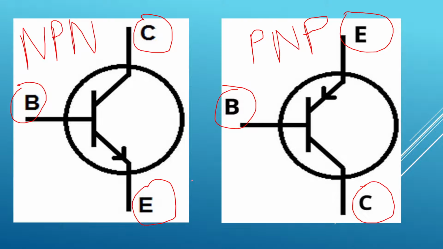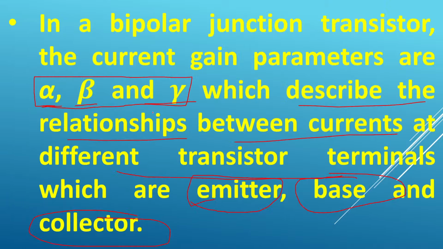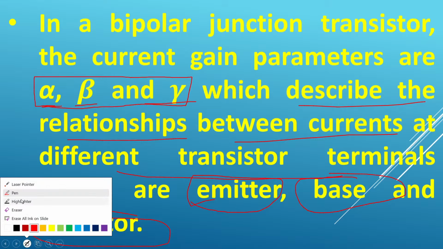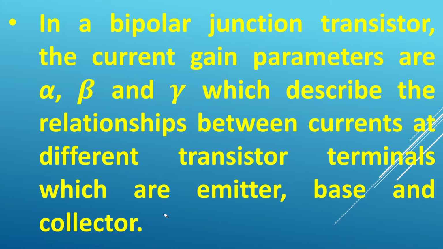If we want to determine the current gain parameters, which are alpha, beta and gamma, we can determine them for this BJT using the terminal currents, the currents flowing through the emitter, collector and base.